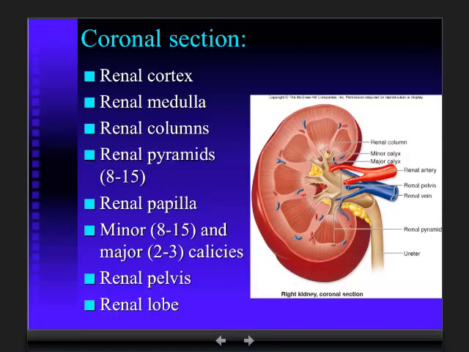But once it emerges into the minor calyx, it is now urine. And that urine from the minor calyx goes to the major calyx, into the renal pelvis, and from there into the ureter. There are, as it says here, 8 to 15 renal pyramids, which is the same as saying there are 8 to 15 lobes per kidney.